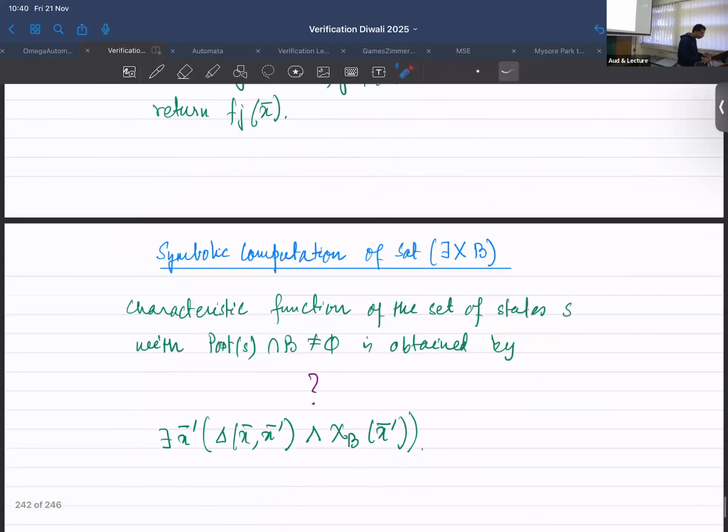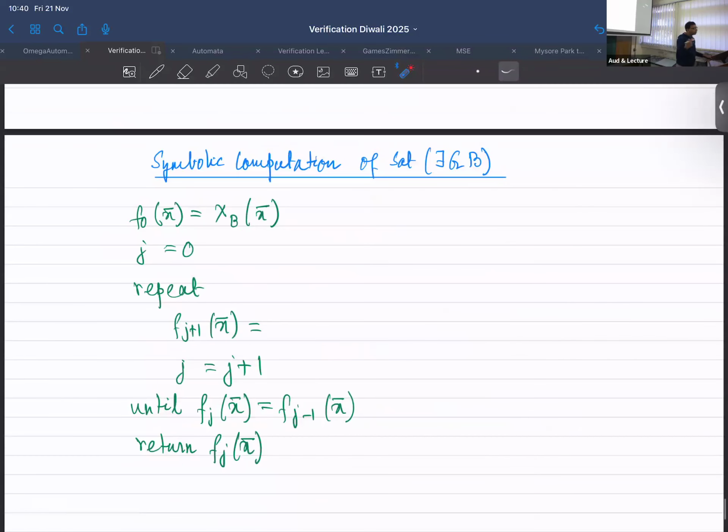When I'm talking about globally here, what should the J denote? For J steps it's satisfied. Is it exactly J steps or at most J steps? No, at least J steps should be satisfied.